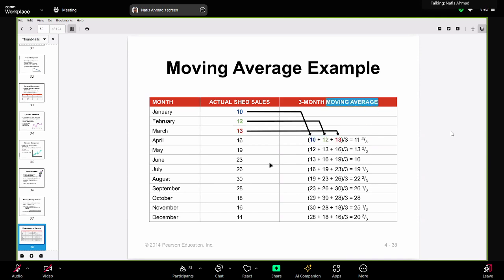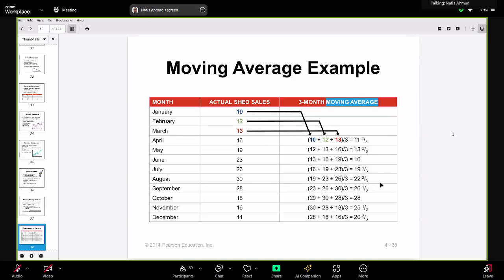You take the immediate past information to calculate the average. These are the forecasted values in the third column, and in the second column, these are the actual values. If we have the actual values, we can forecast the future demand. If we do not have the actual values, we will not be able to forecast the future demand.